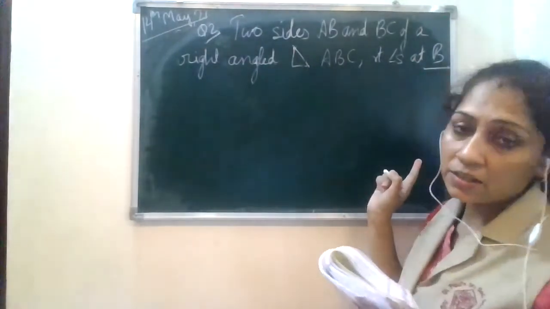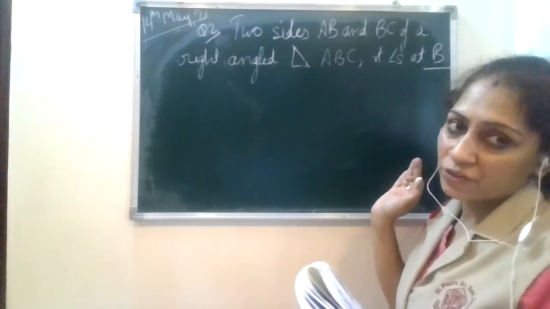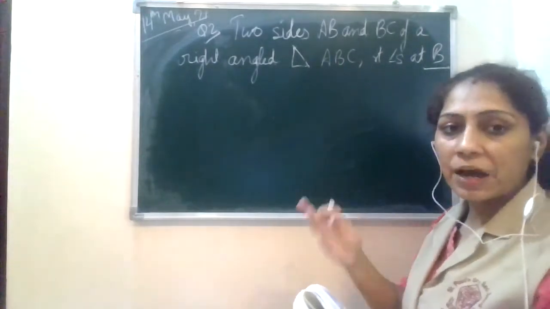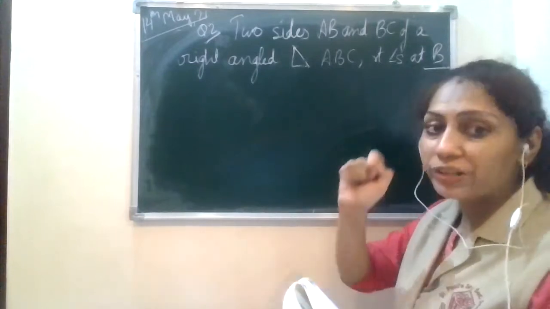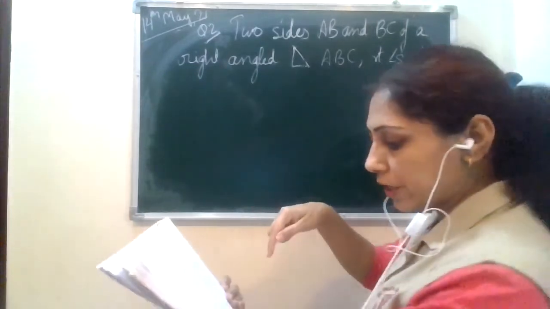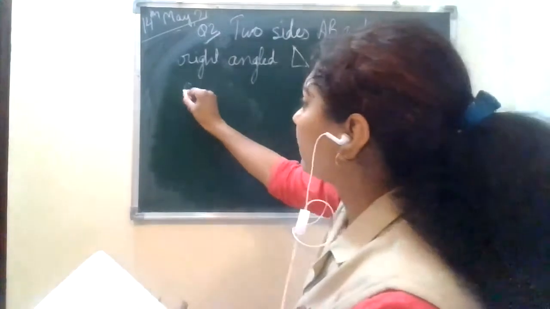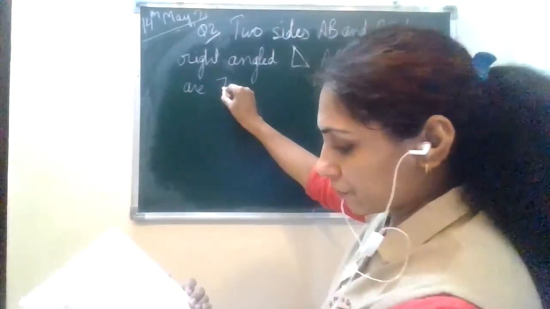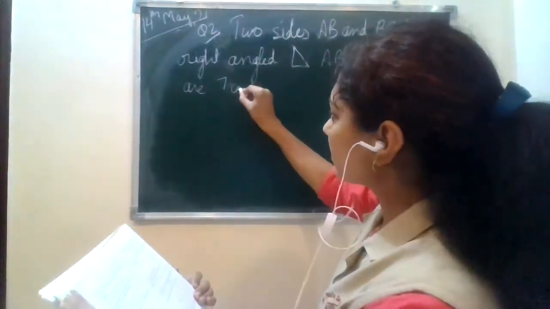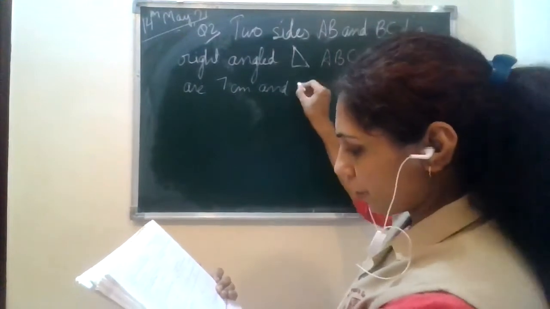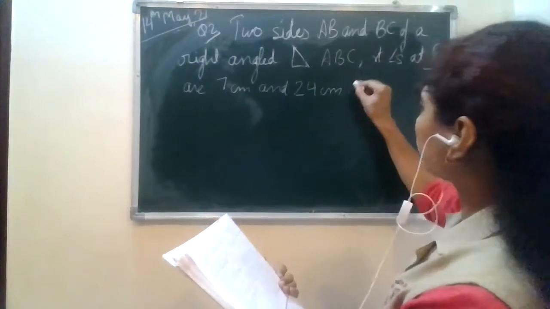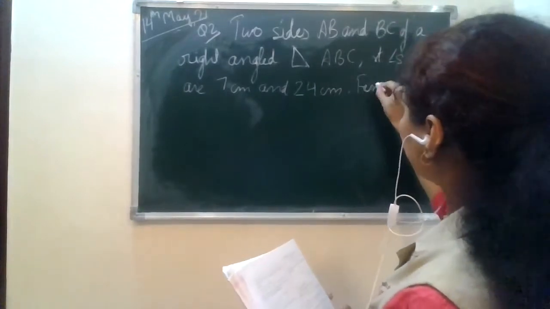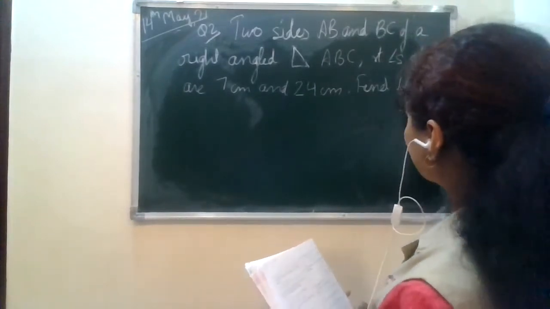That's why I insist that you note down the questions as well, because while noting it down you cultivate the habit of reading carefully and underlining the important points, the catches in the question. They have given the measurements 7 centimeter and 24 centimeter. Find the length of AC.